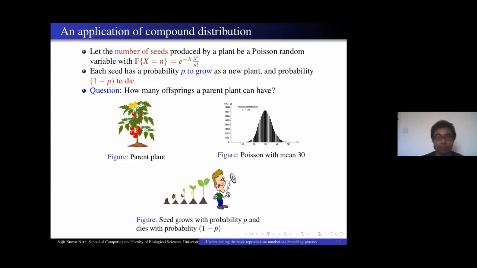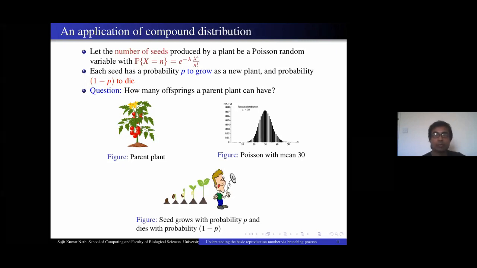Now let me go into some applications to get some juice out of it. Suppose a plant produces N number of seeds, which is a Poisson random variable: it produces n seeds with probability e to the power minus lambda times lambda to the power n by factorial n. So this is the Poisson distribution.